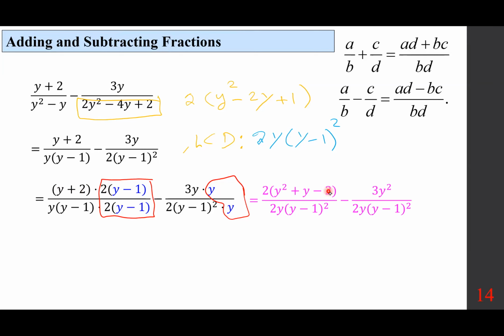So what we have now, we have the LCD and then 2y squared plus 2y minus 4 minus this negative minus 3y squared. So we wrote it here. And this one and this one will combine into negative y squared.